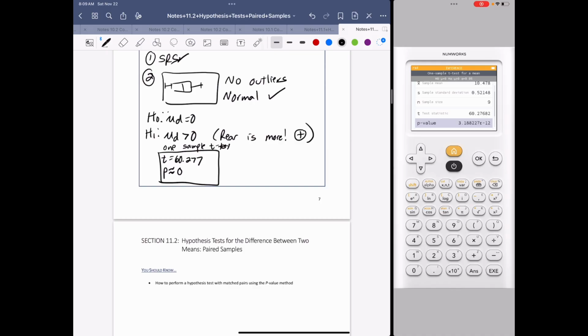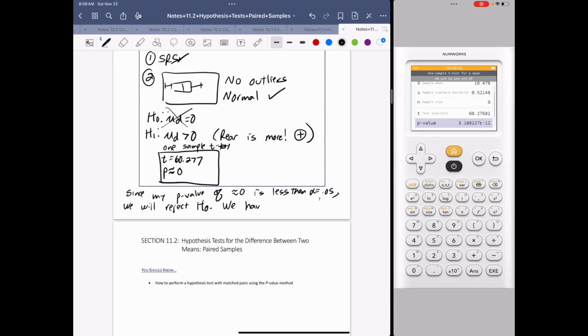All right, so I'm going to say, since my p-value of approximately 0 is less than alpha equals 0.05, we will reject H0. H0 is gone.